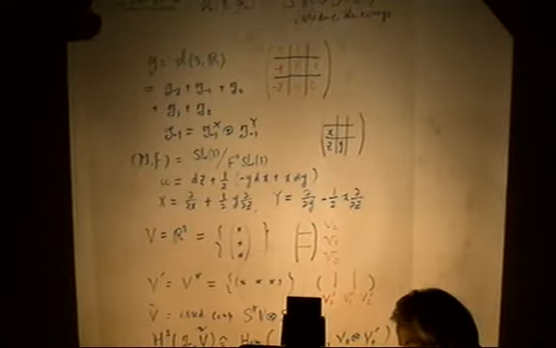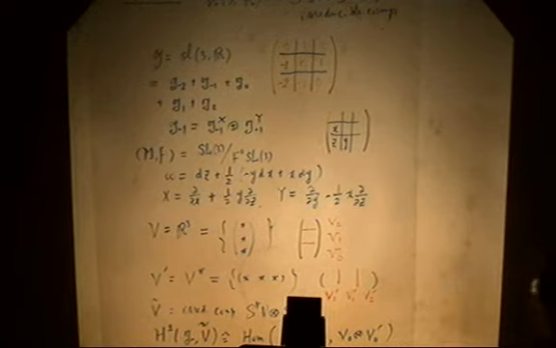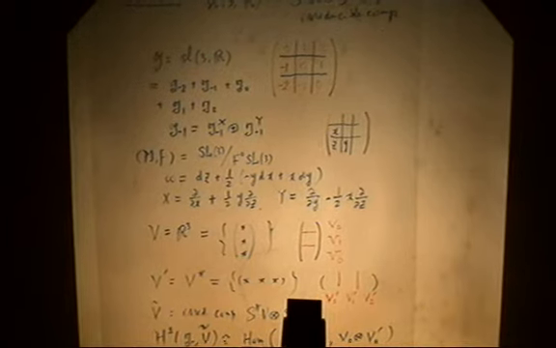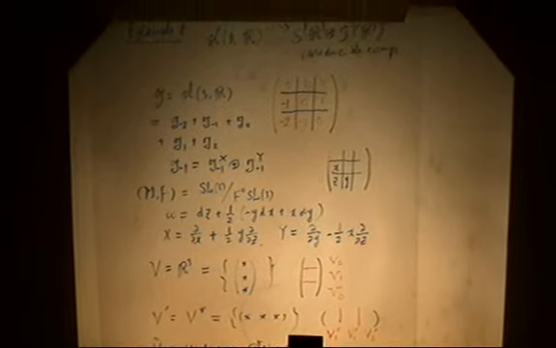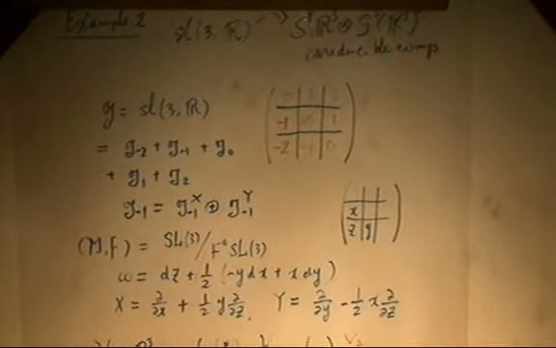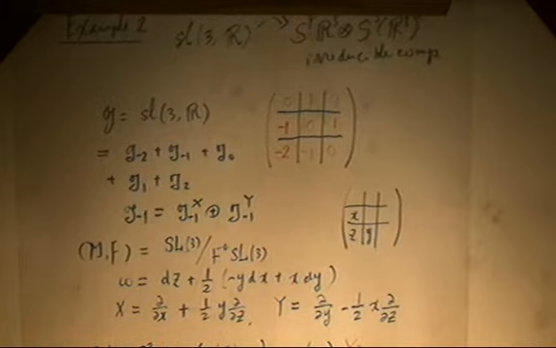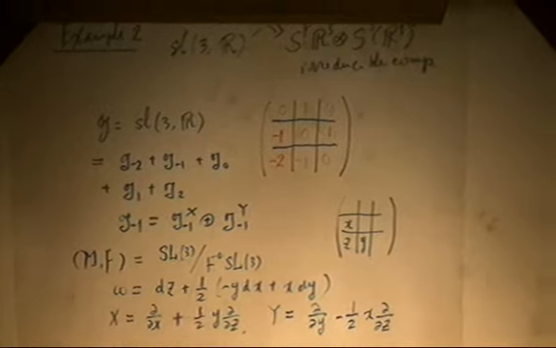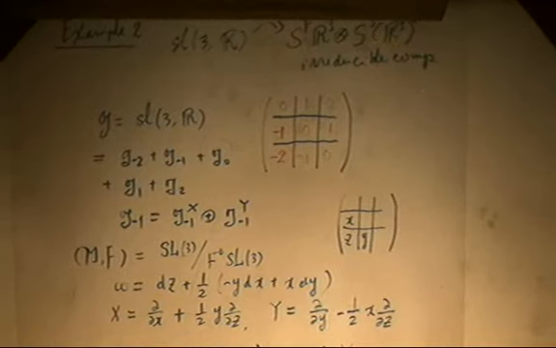And the next example is, if you take SL3 of R3, we have a standard representation and SR symmetric tensor. And R3 dual is the dual representation, and we take the symmetric tensor S3.